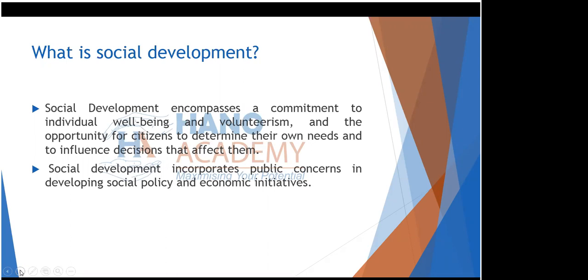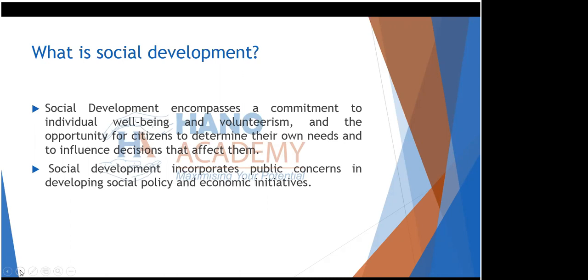So we develop social policy to assist an individual gain that capacity to help him live peacefully in a community or in a society. We are also helping individuals in terms of economic initiatives, economic power, and economic emancipation of the people in our societies or community.